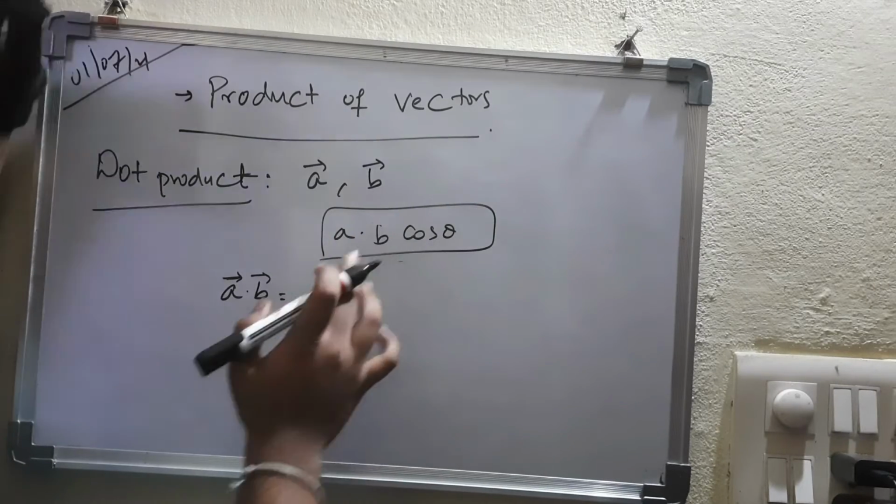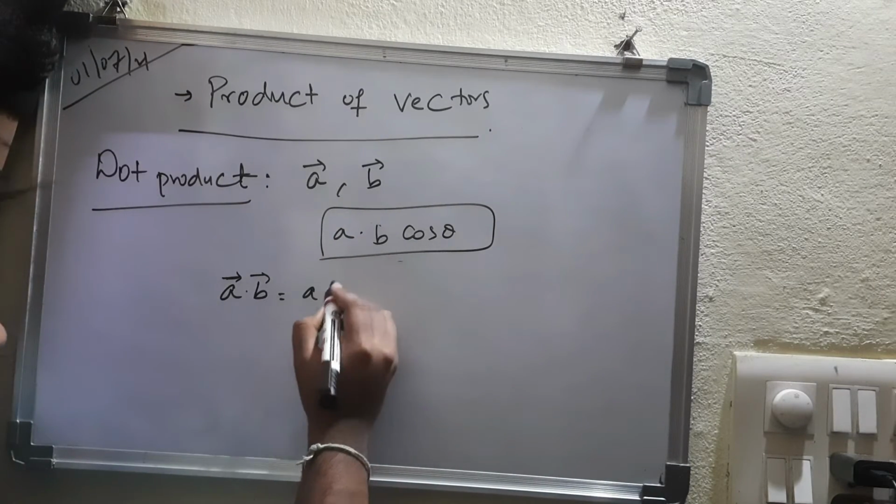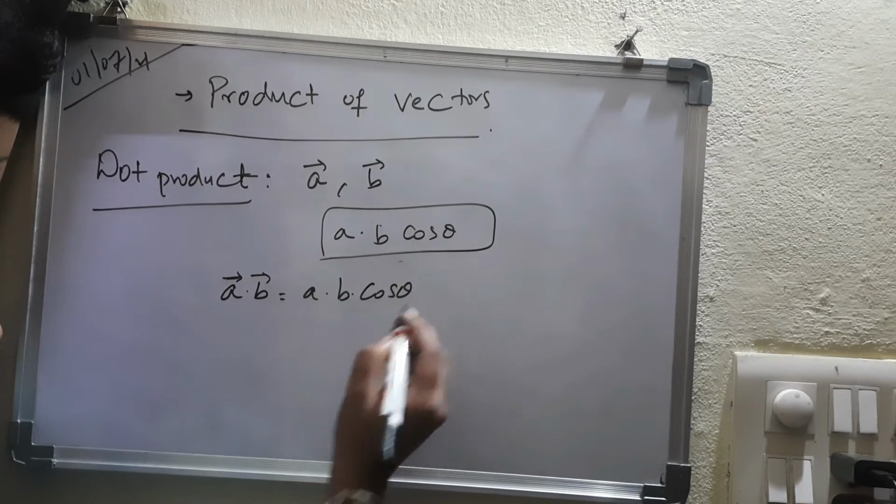Only AB, only the magnitudes of A and B. So A into B cos theta.